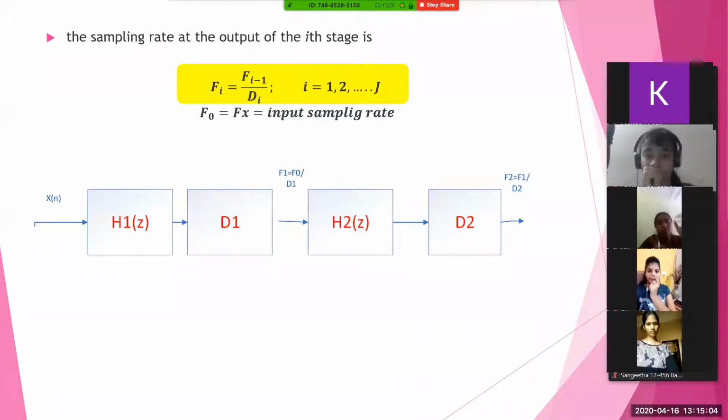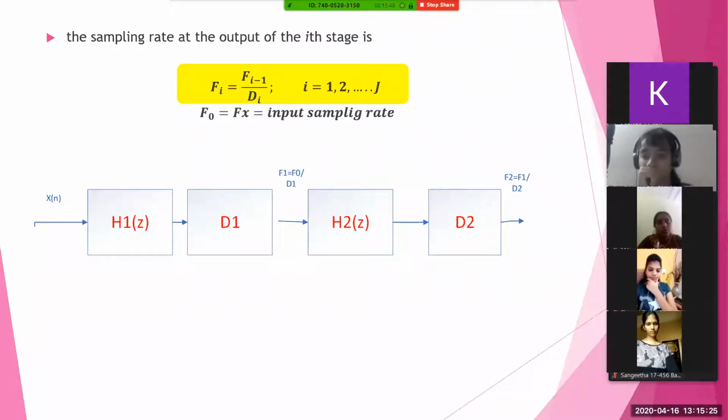Quite similar to what we have seen for the upsampler, each stage will have a new intermediate sampling rate. Depending upon the decimation factor we choose, since we are dividing it into smaller chunks, each section will have a separate sampling rate.